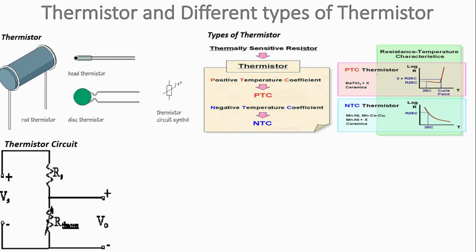The device is known to have a transition or Curie temperature. Until the device reaches that particular point, it shows a negative temperature coefficient pattern in its resistance temperature characteristics. After this point, it starts to show an increasing positive temperature coefficient of resistance. At this point, the resistance also begins to develop.